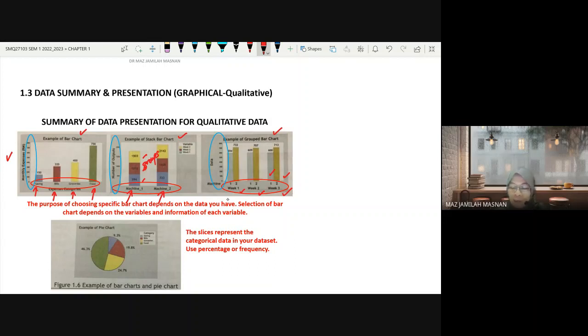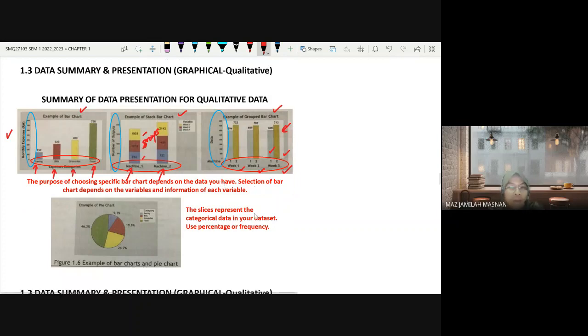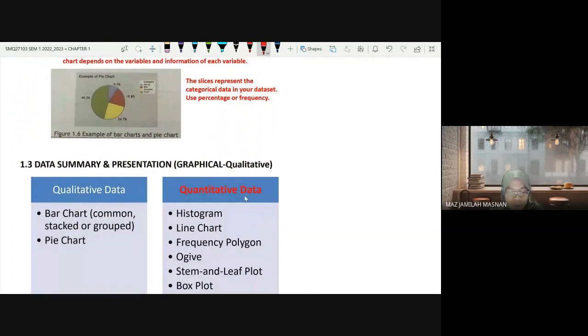You may also use this grouped bar chart if you have more than two groups. It goes back again to your intention: what information do you wish to uncover from the graph that you generate? The pie chart I will explain again.